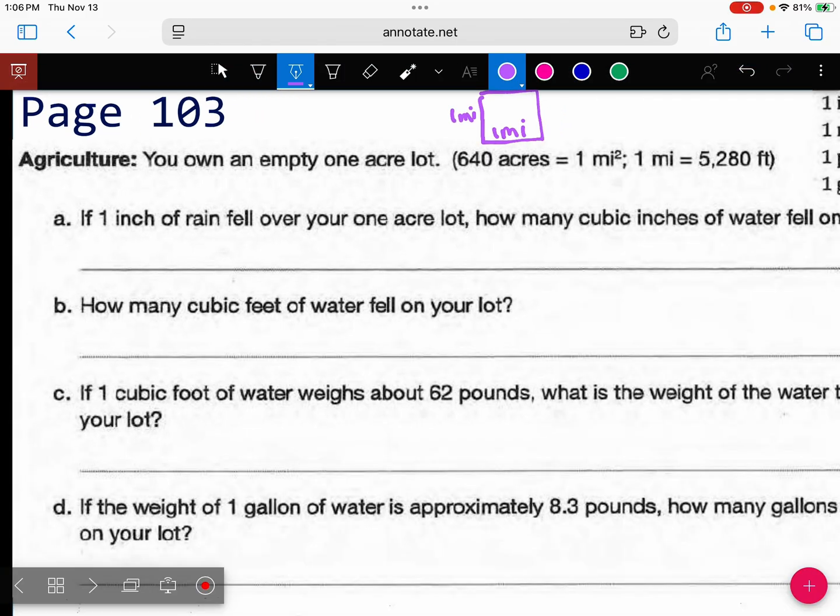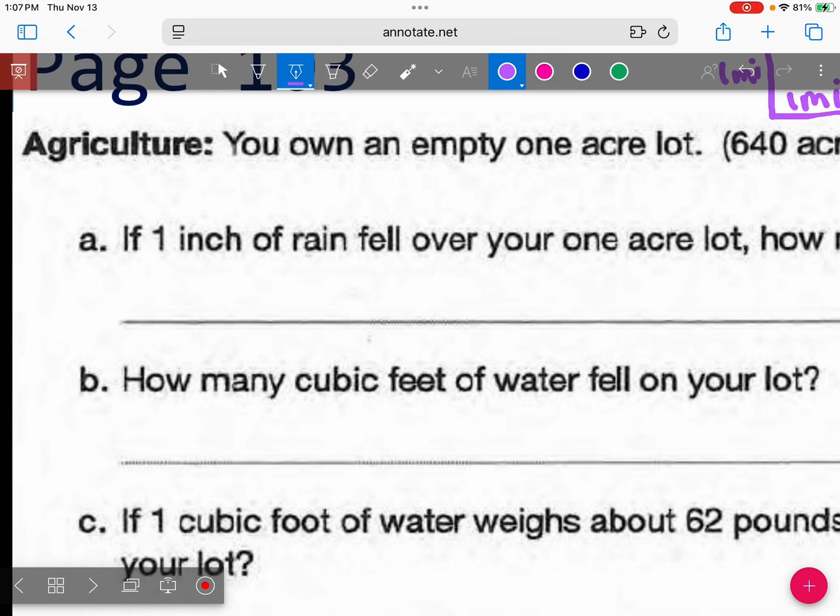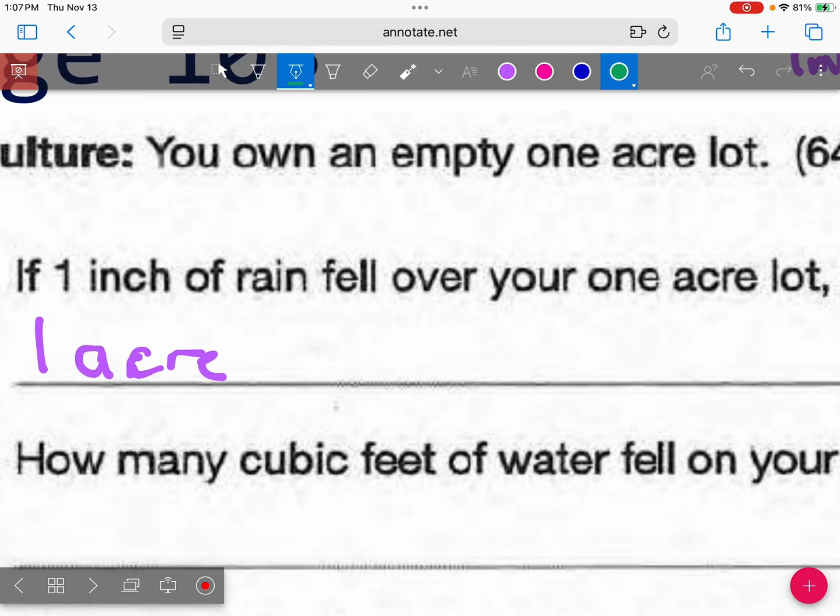We are trying to figure out how many cubic inches of water fell on my lot with 1 inch of rainfall, which means I need to know the area of my farm in inches, because we're going to be working with inches. So right now I know I have 1 acre, but I would like that to be in inches. So if I have 1 acre and I want to switch that to square inches, 2.54 is converting inches to centimeters.